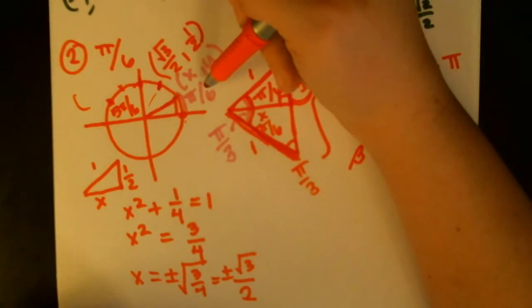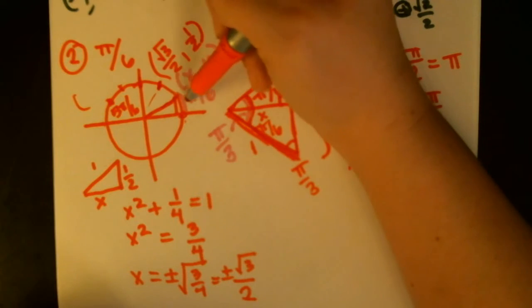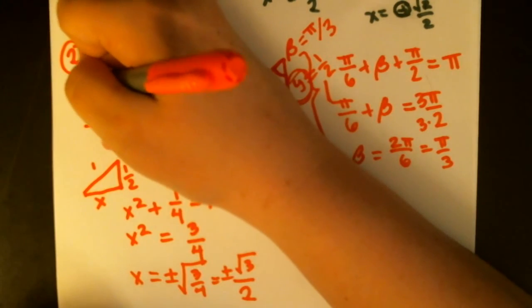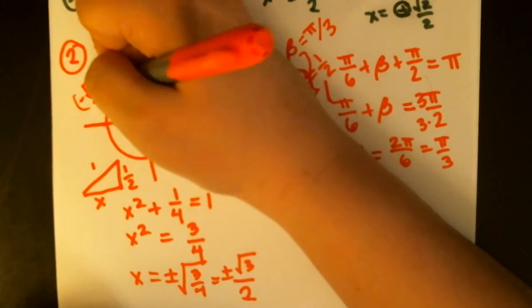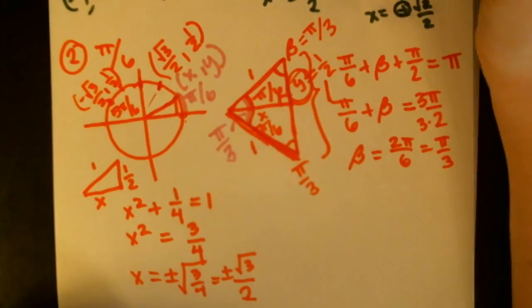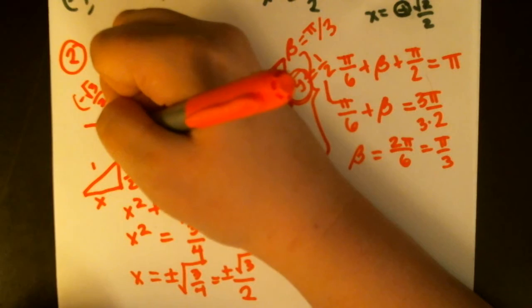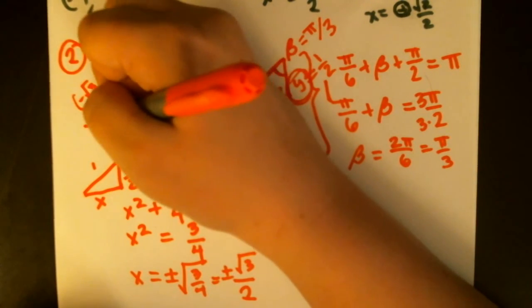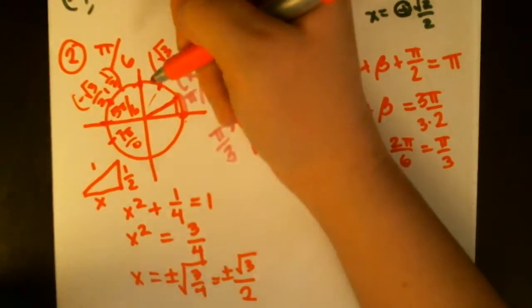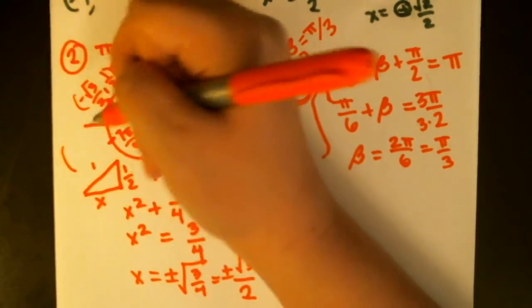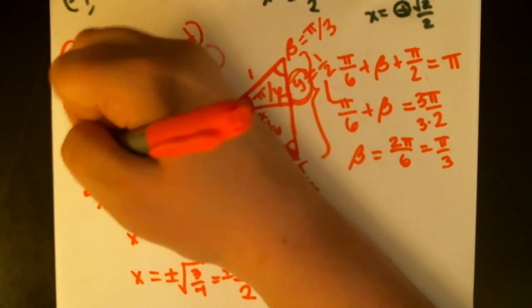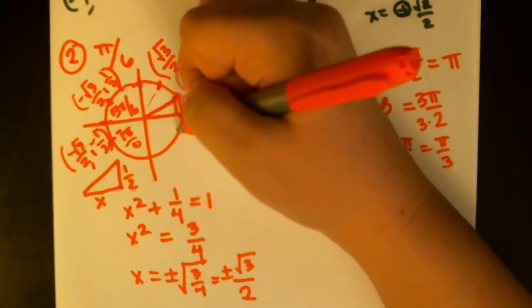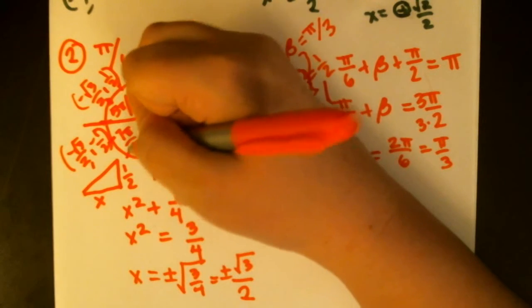And that point is directly across from where we ended up at arc length pi over 6. So that's going to be a negative root 3 over 2, positive 1/2. There should be another one straight down from there. It's a 7 pi over 6. So 6 pi over 6 is pi. And then the next one, 7 pi over 6, is going to be at a negative root 3 over 2, negative 1/2.